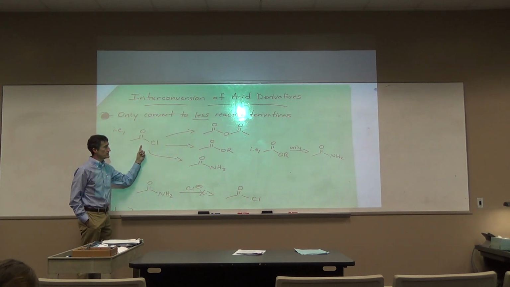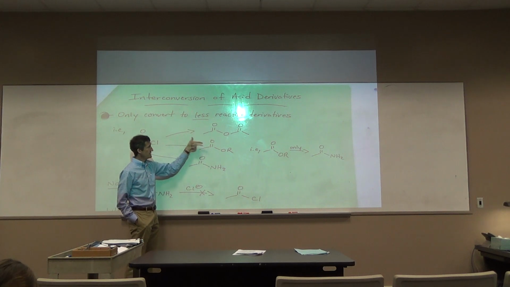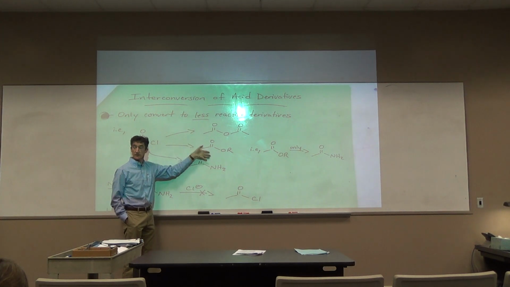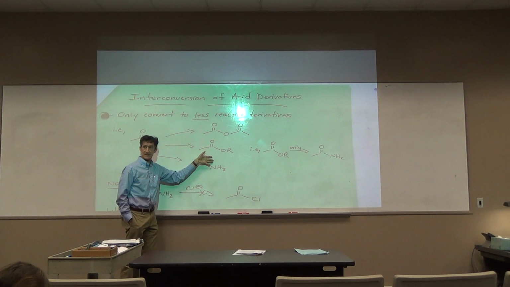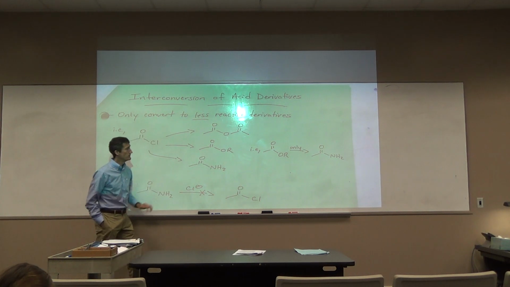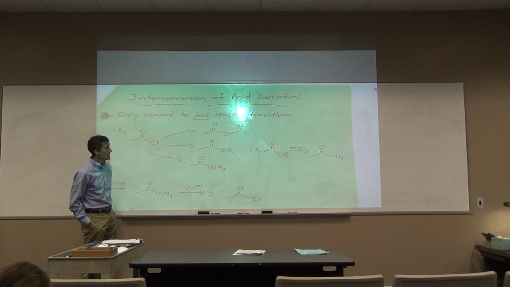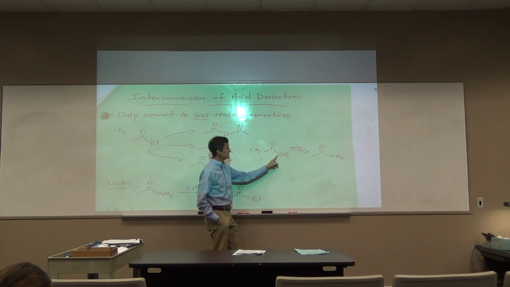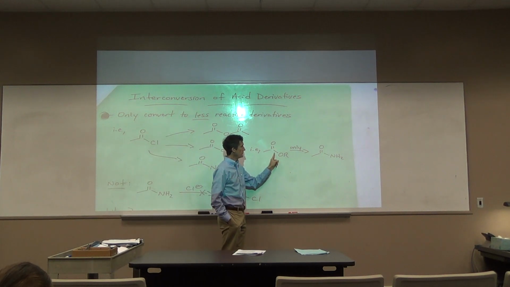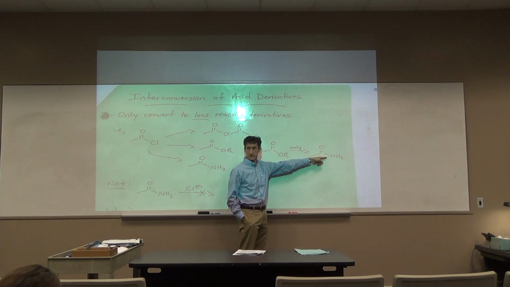Thus, you can convert it directly to an anhydride, an ester, or an amide, and we will see that. If you have an ester, you can only directly convert to the least reactive one, that is, to an amide.